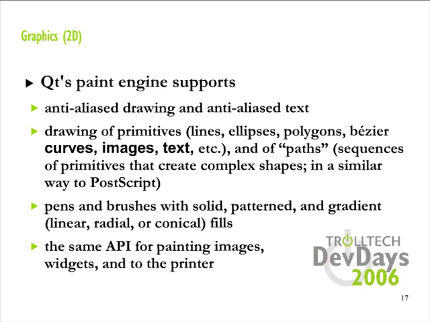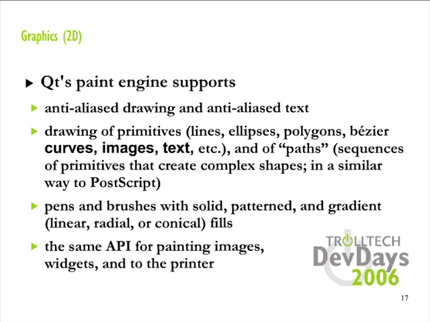The person who received this presentation from me has obviously changed some things in it, or perhaps they like curves, images, and text. But you can also create painter paths, which are basically combinations of the primitives, in a similar way to the way you can in PostScript, where you collect things together and then you paint a path of a complex shape.